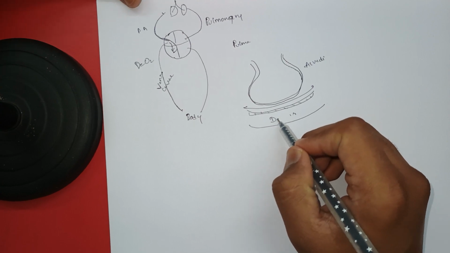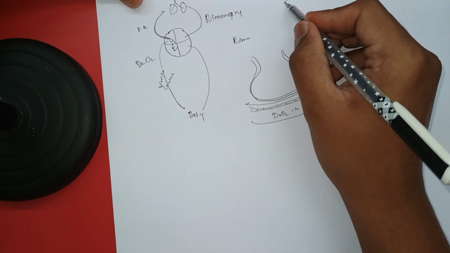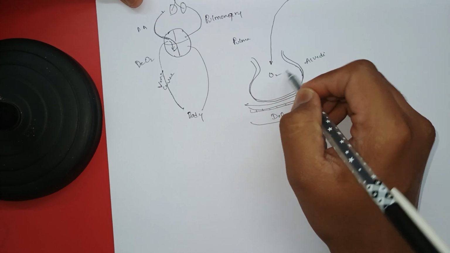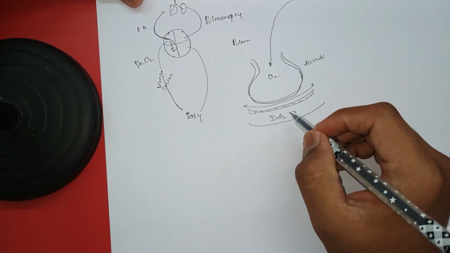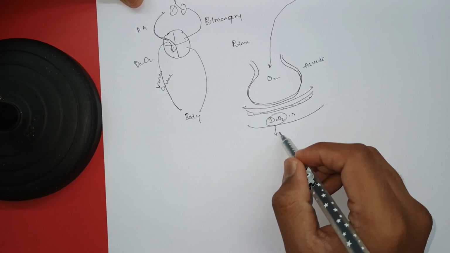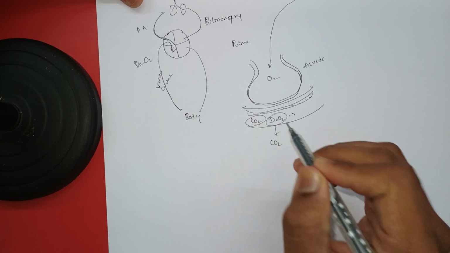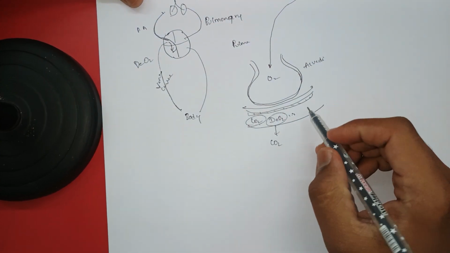Here you have deoxygenated blood, which contains carbon dioxide, and it is taken to the alveoli.